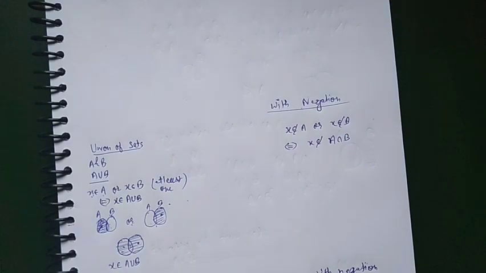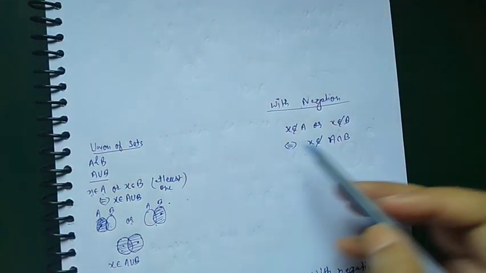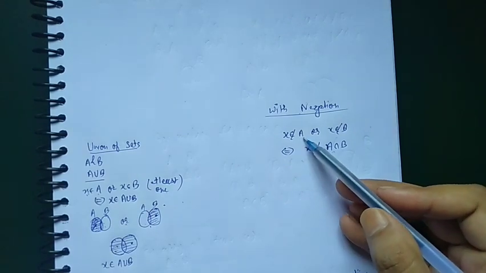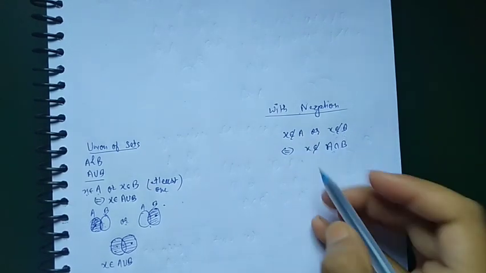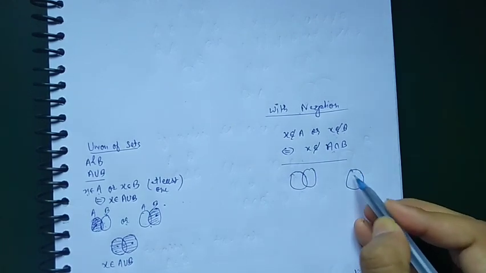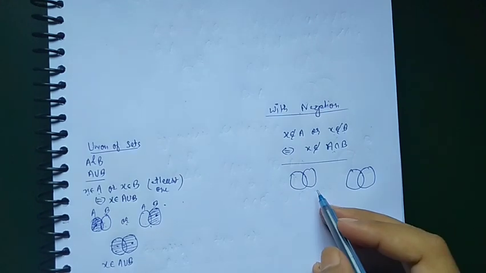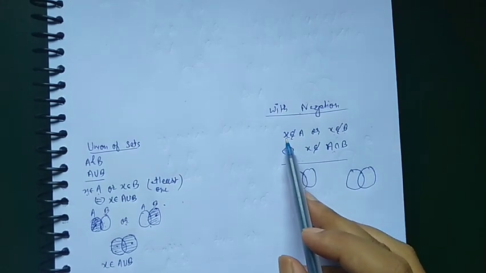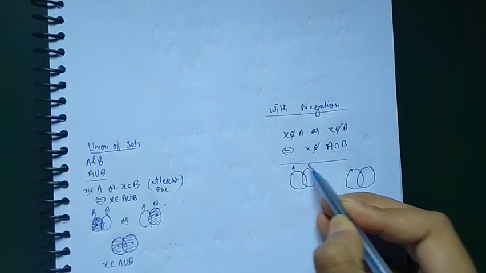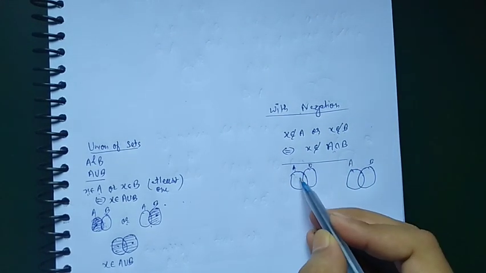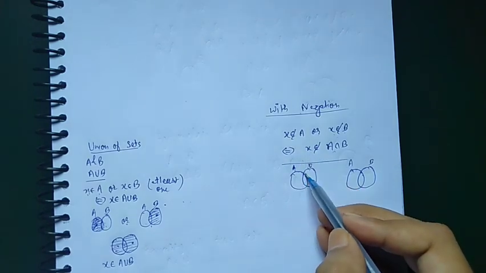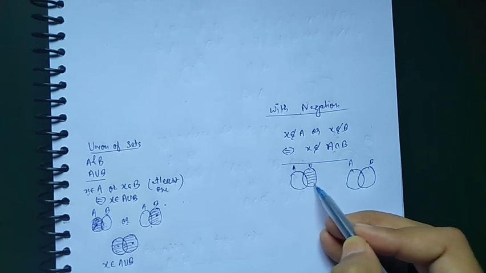Now we will understand the union of two sets with the negation. Here X doesn't belong to A or X doesn't belong to B. Again we consider A union B as universal set, and X doesn't belong to A. This is A, this is B. Then X doesn't belong to A, so X can be in this shaded region.